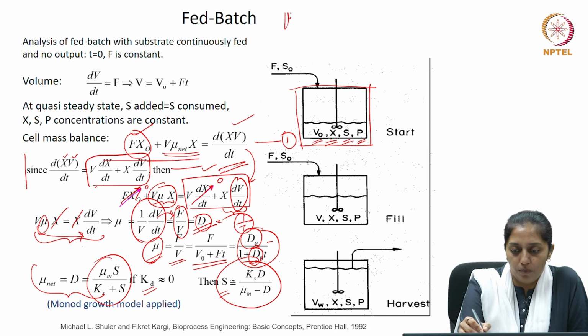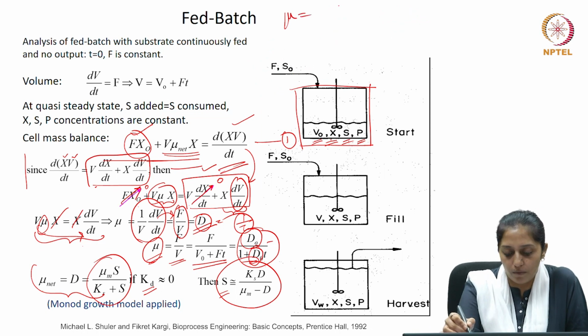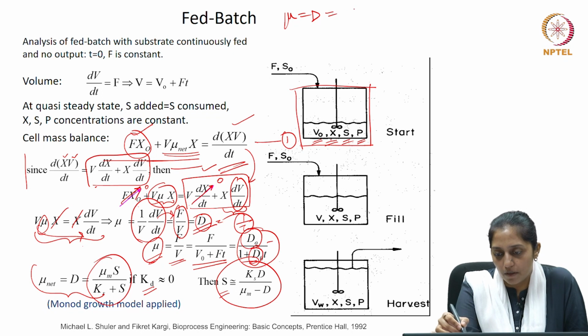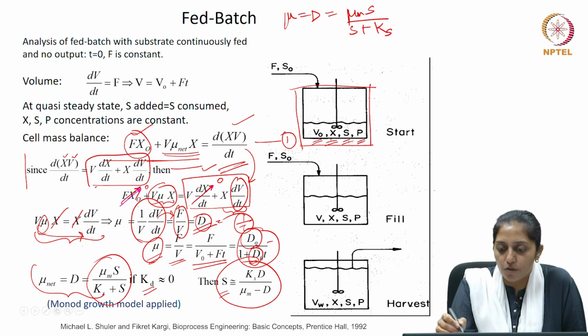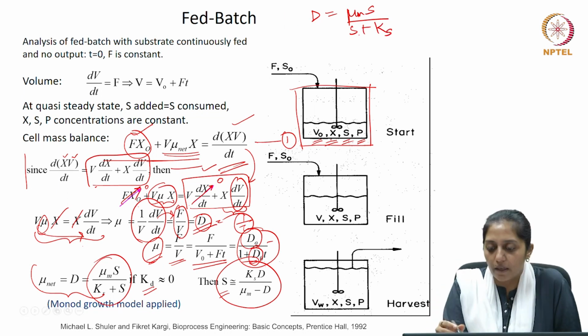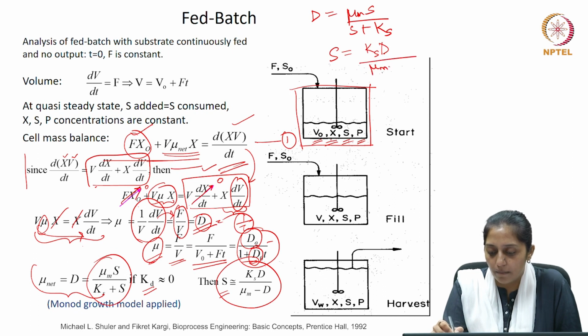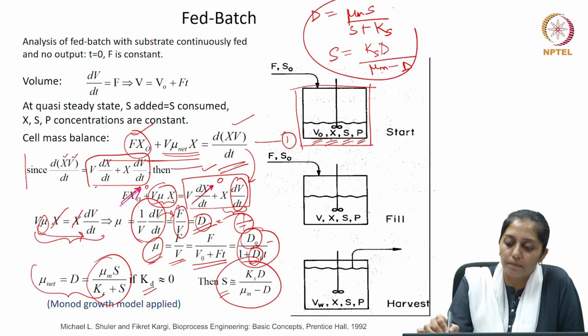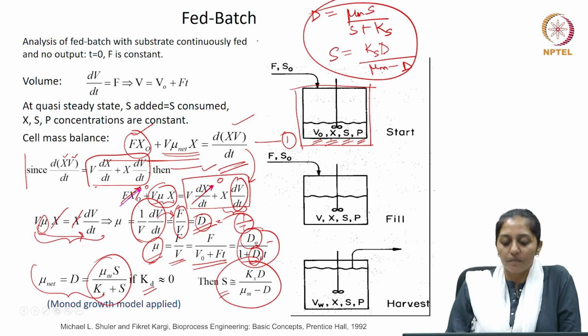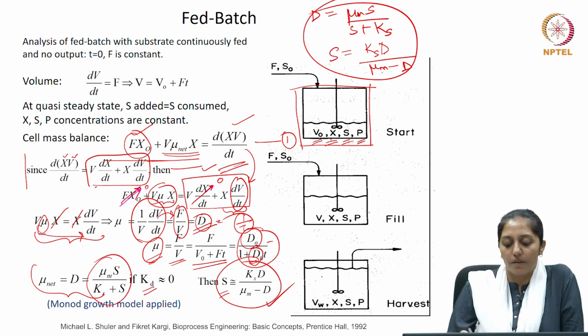Here mu is equal to D, which is further, if it is following Monod's kinetics, mu m S upon S plus Ks. So if we do the rearrangement, then your S will become equal to Ks D upon mu m minus D. This is what is given here.